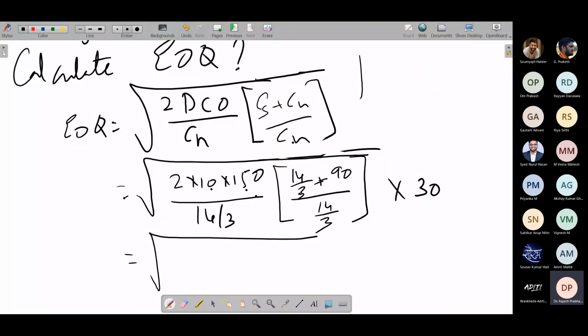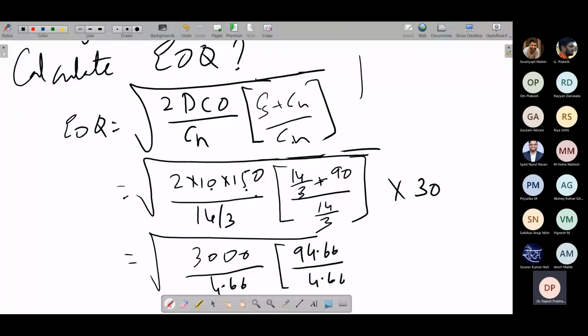So this would be 3000 divided by 4.66 into 94.66 divided by 4.66 into 30.